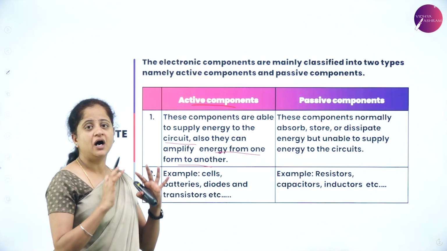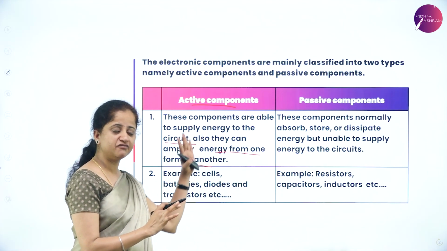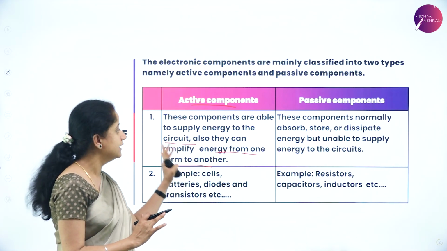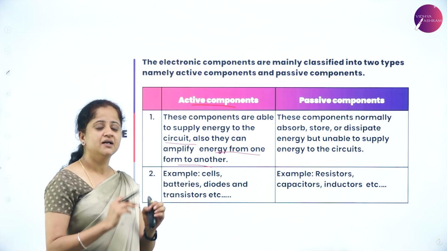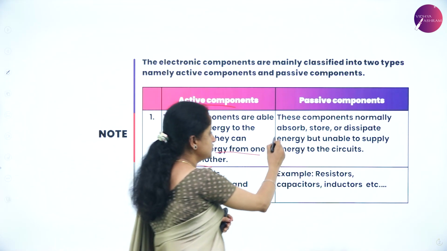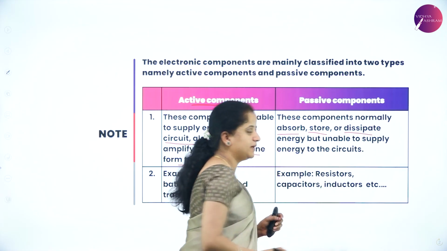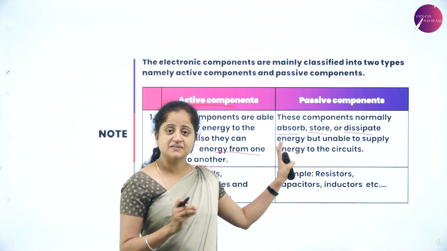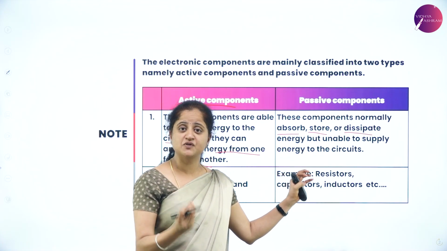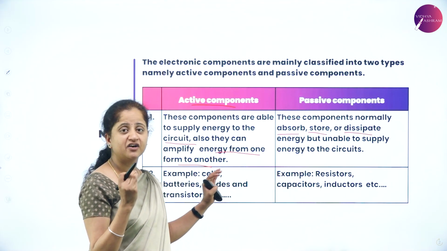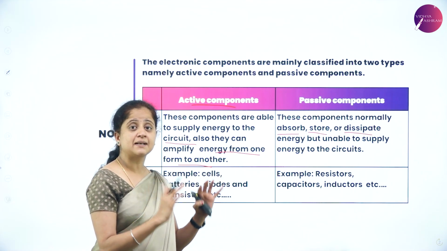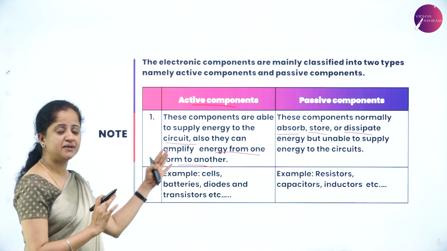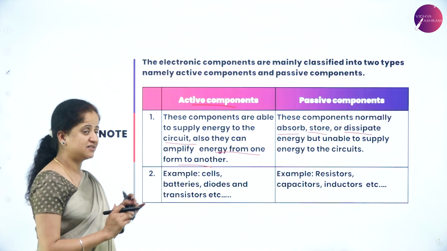Now, how are passive components different from active components? Passive components are the components which are used to absorb, store or dissipate energy. These components are basically used to absorb and store energy, but they are not used in supplying energy. So that's the basic difference between active and passive components.